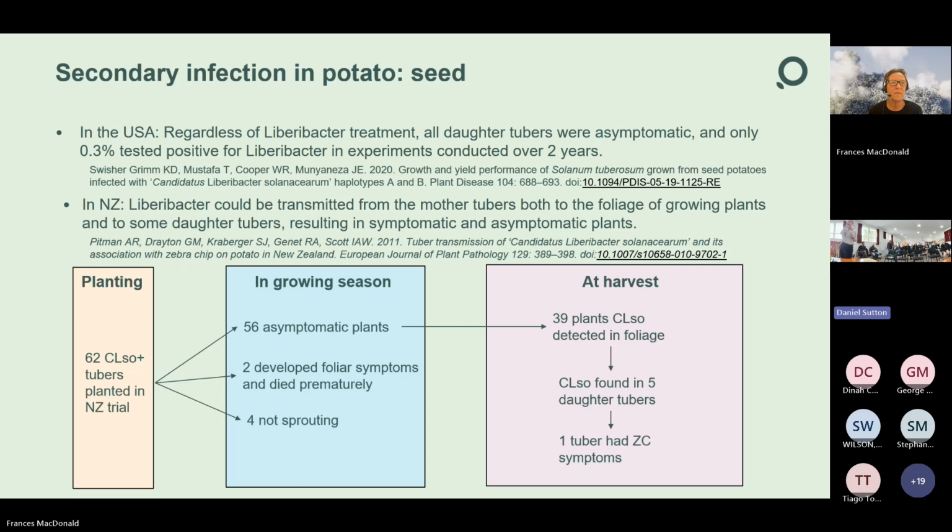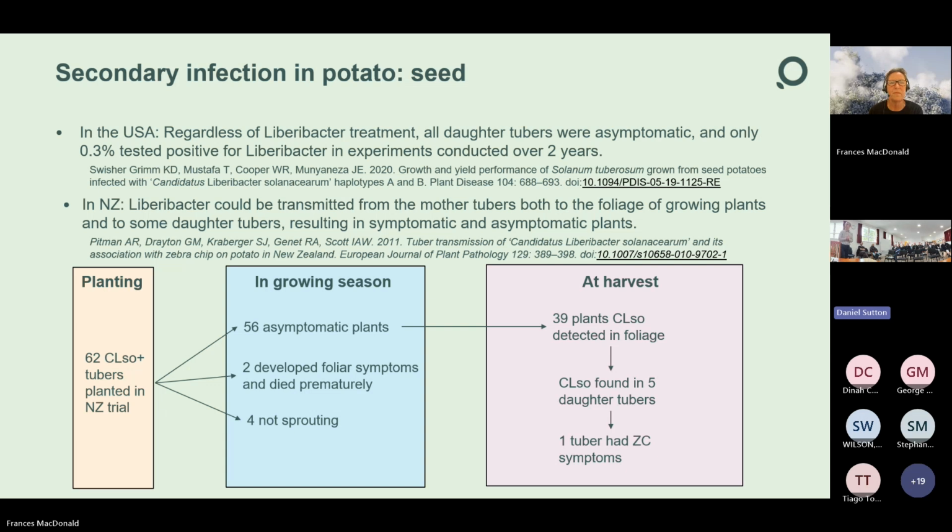Andy Pittman did some work here in New Zealand. So they planted 62 positive tubers. They ended up with 56 asymptomatic plants. 2 developed foliar symptoms. So they're those small gnarly plants that you see with lots of symptoms. And 4 tubers decided not to sprout.